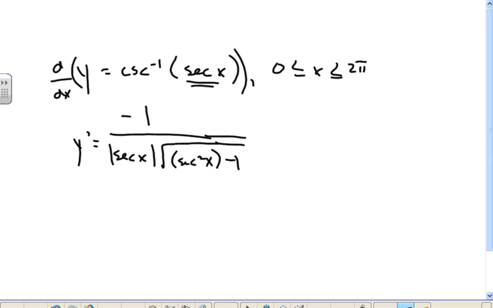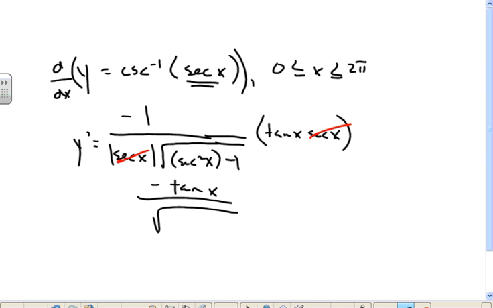Times the derivative of our u, which is the derivative of secant, which we know is tangent of x secant of x. From here, we can see that this and this will cancel out. What we have then is negative tangent of x over the square root of secant squared x minus 1.